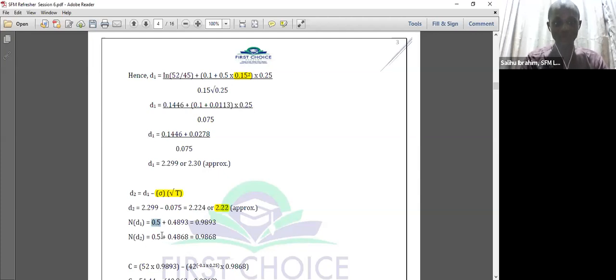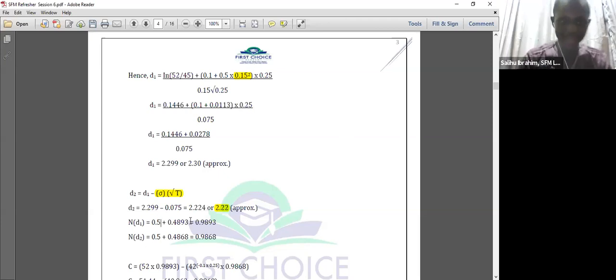I'm serious. If you chat me up on this, I'm not going to respond, because I'm saying it now loud and clear that I did not compute that 0.5. It's part of the formula for computing ND1 and ND2. I'm stressing it.